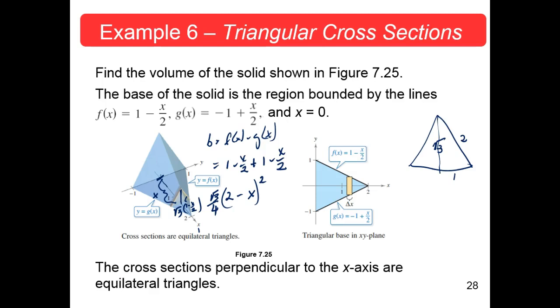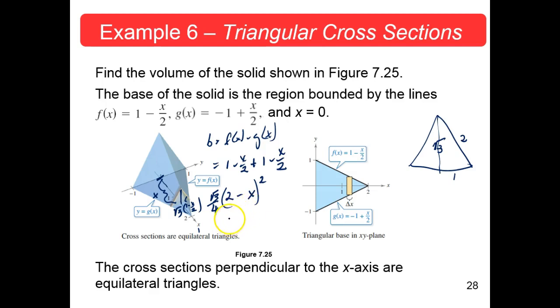So I think this is the area of every triangle here. And then your dx is your thickness, so I believe that's what you integrate from 0 to 2. Does that make sense? I can convince you of it anyway.